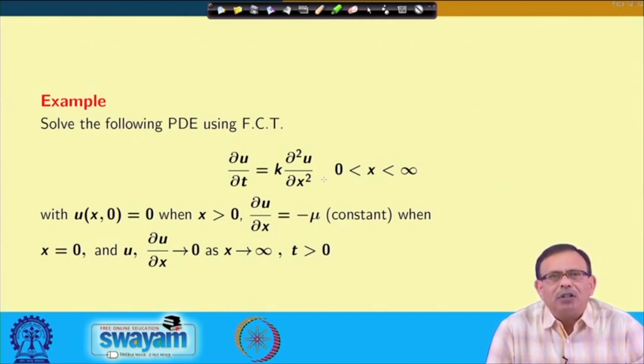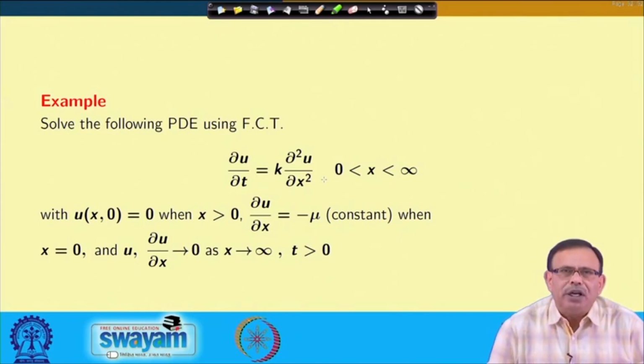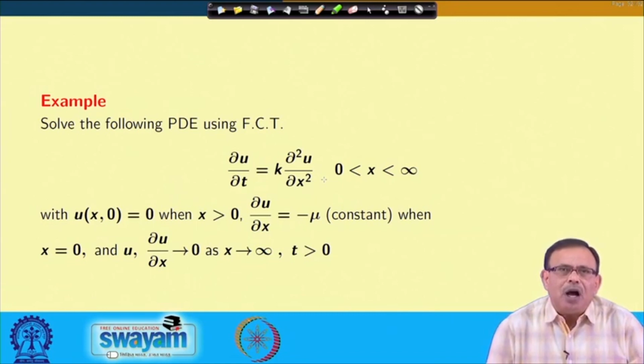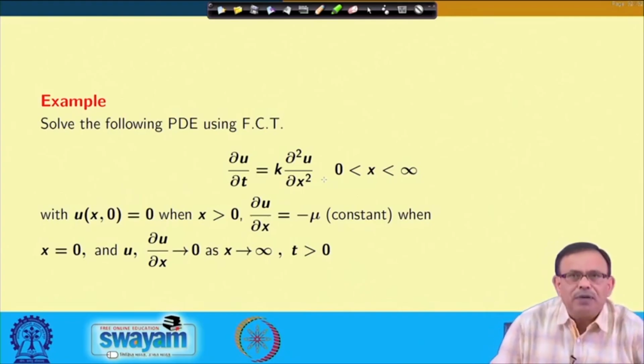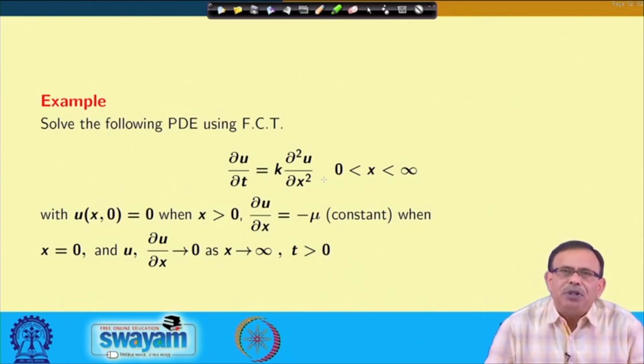The range is given as x lies between 0 and infinity. If you note this problem, they have not said anything about t. What is the range of t? That is actually not always known. In one case only we are given that t is greater than 0.